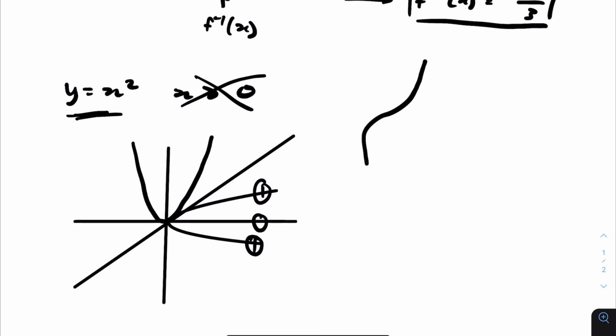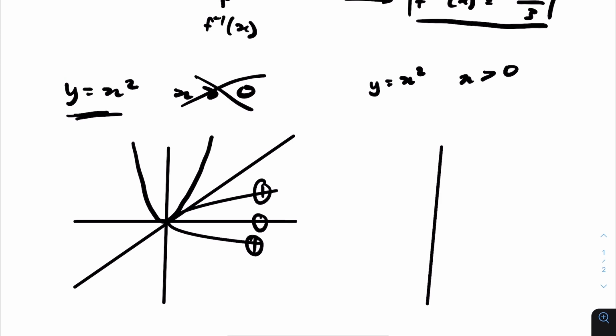So the way we can actually make y equals x squared be suitable to have an inverse is establishing a domain. So over here, if we make y equals x squared, where x is greater than 0, that part will look something like this. And this, as we can see, is a one-to-one function, so that's acceptable.